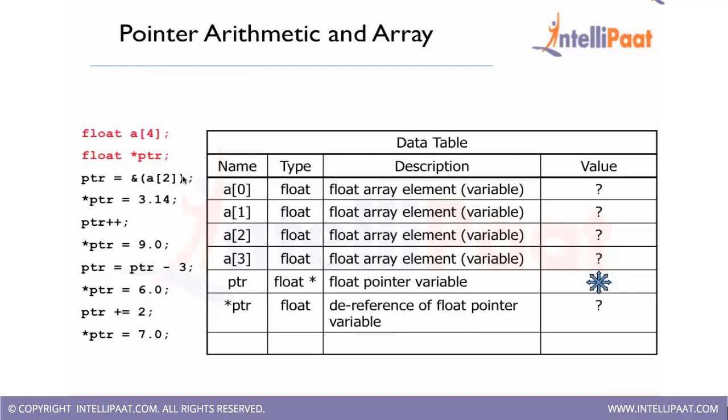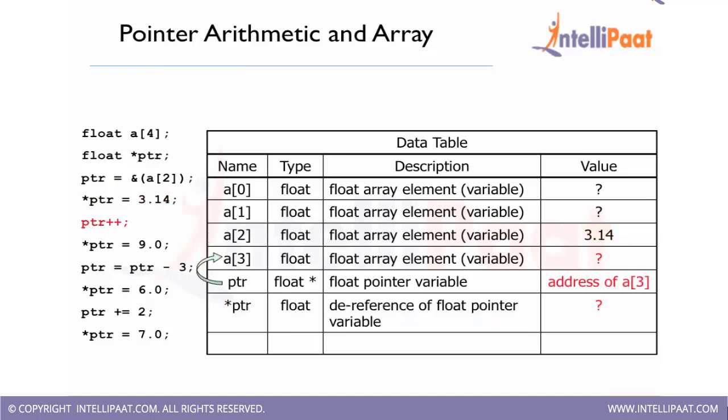We have not initialized ptr, so it does not have any value. Now ptr equal to address of a2, so ptr is pointing to a2. Value at address ptr equal to 3.14, so it will change a2 to 3.14.